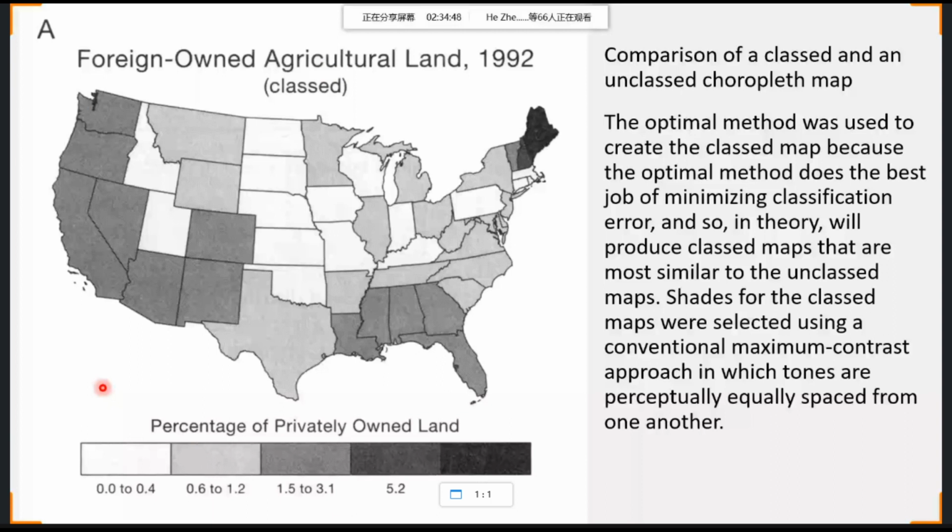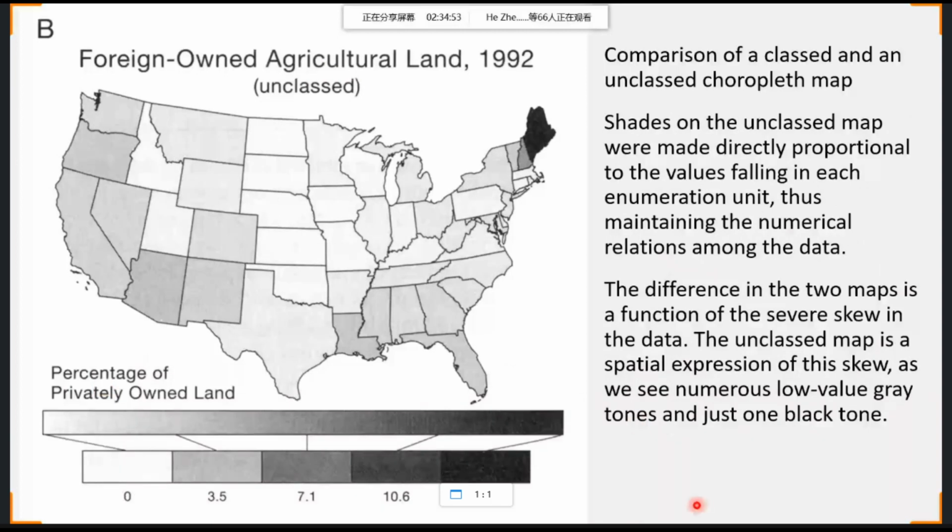And now we have an unclassed map for the same data. Percentage of privately owned land. Shades on the unclassed map were made directly proportional to the values falling in each enumeration unit, thus maintaining the numerical relations among the data. The difference in the two maps is a function of the severe skew in the data.